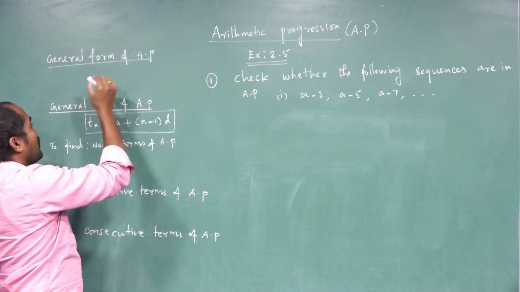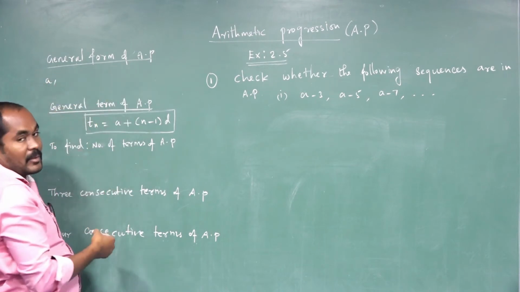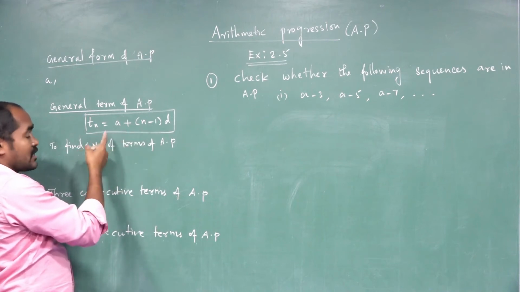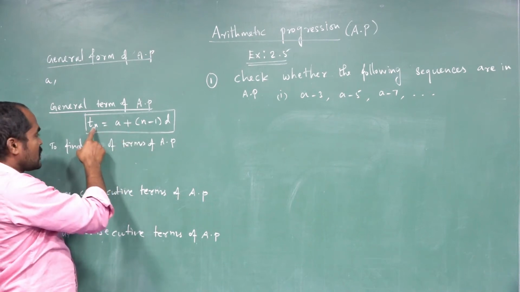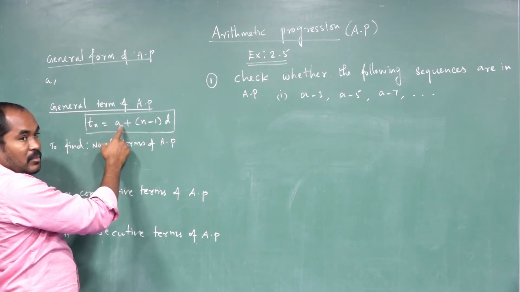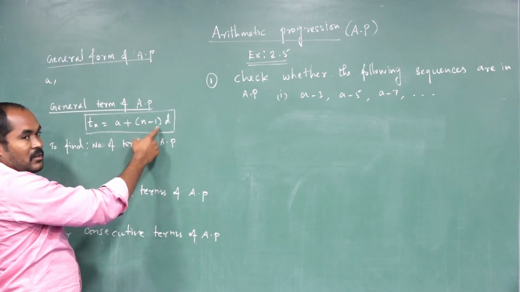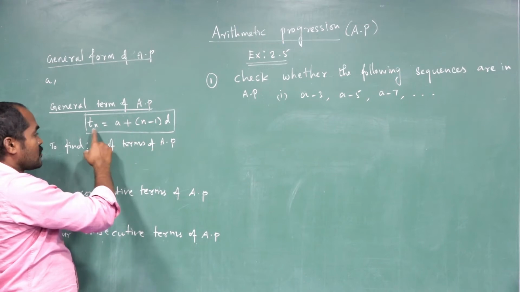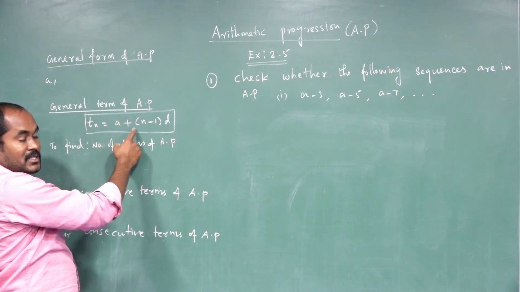So in the general form of AP, the first term is a, because T1 is a. For the second term, substitute 2: T2 equals a plus (2 minus 1). 2 minus 1 is 1, and 1 into d is d. So T2 is a plus d.